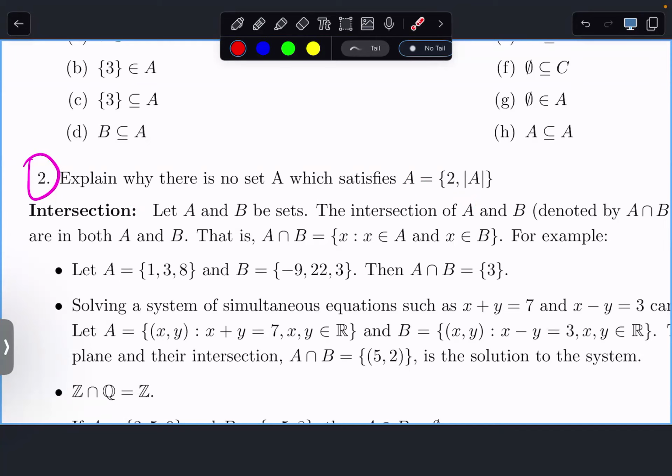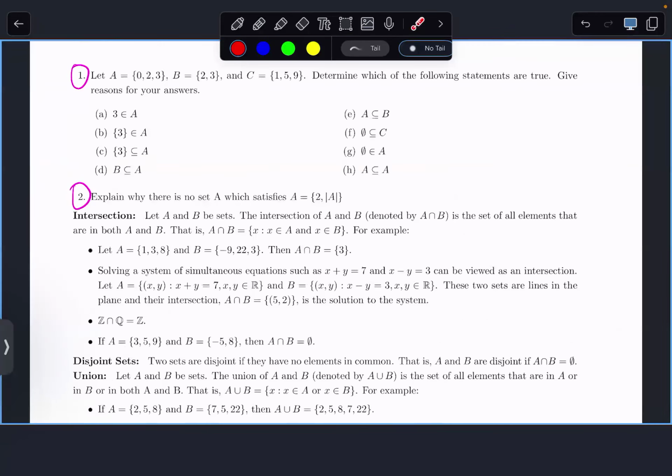In this case, it has 2 elements, so the cardinality would be 2. But if I have multiple entries, multiple elements of the same number, I only write it once. So it only really takes the space one time. And so then I get 2 and 2. But then the cardinality is just 1, and that can't be. Kind of fun. So I talked you through it. I'll still write it out in the solutions, but just something to think about.